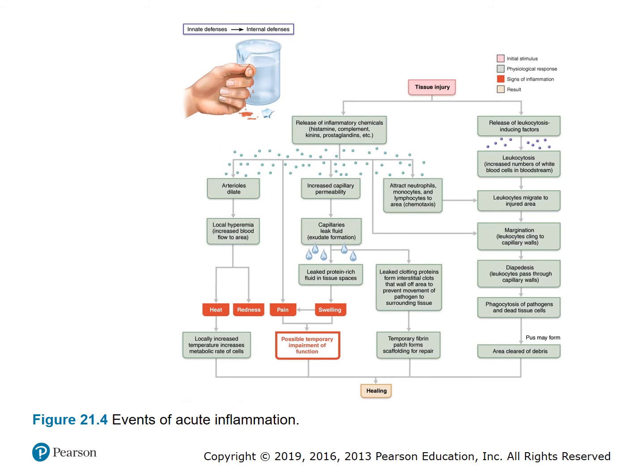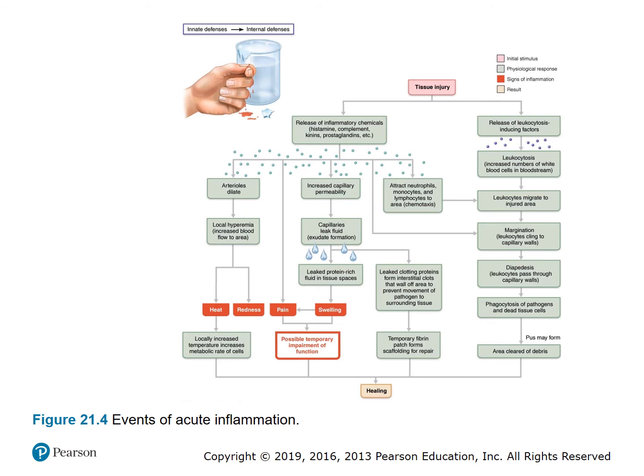Figure 21.4, events of acute inflammation. Okay, so here we have a cut. Tissue repair. The release of inflammatory chemicals like histamine, complement, kinins, and prostaglandins will cause arterioles to dilate and increase capillary permeability, and these will attract neutrophils, monocytes, and lymphocytes to the area through positive chemotaxis.